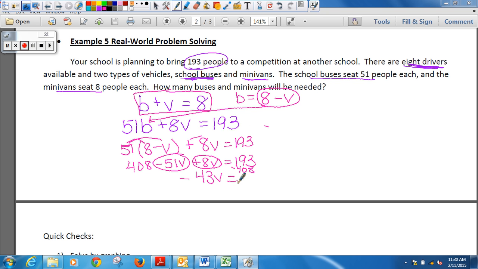And I end up with negative 215. I need to divide by negative 43. And I end up with v equals 5.